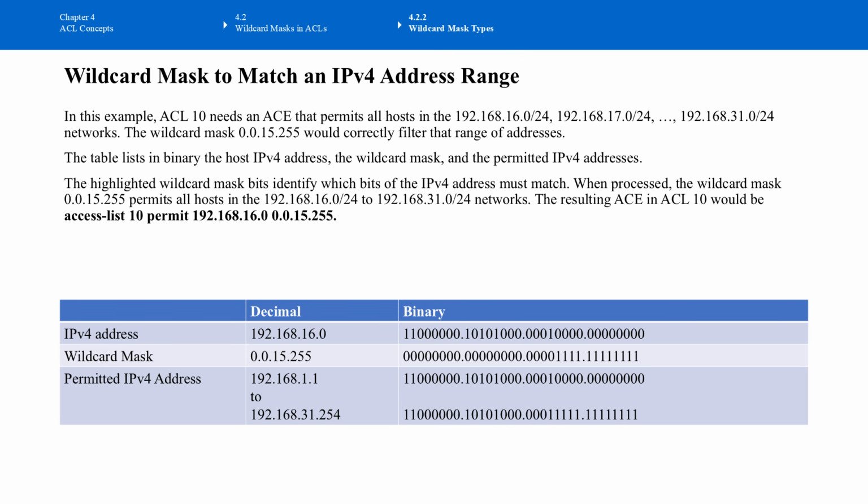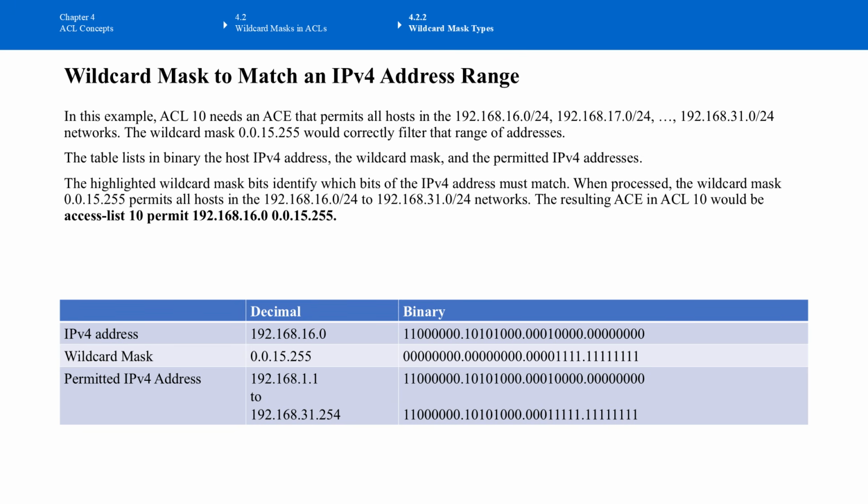Same as before, let's look at the must-match bits, the ones in orange. These bits, there are 20 of them. So the IPv4 address, the blue bits, need to be copied and pasted into the last row.